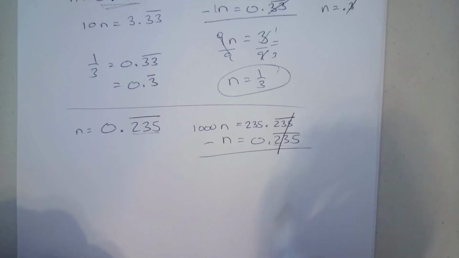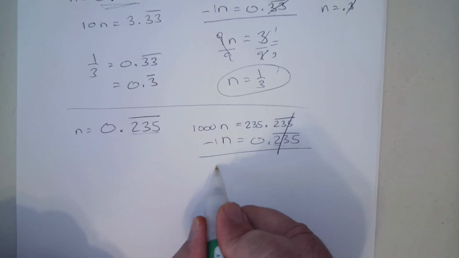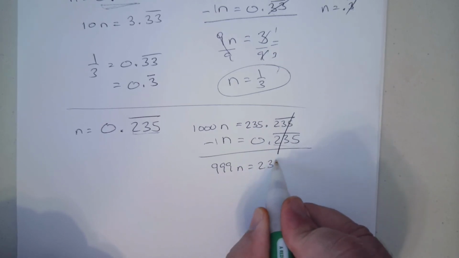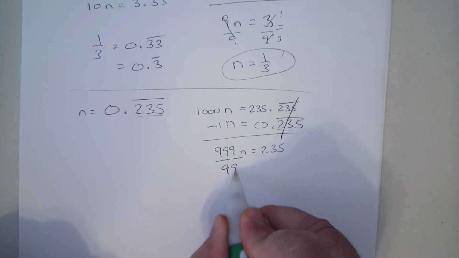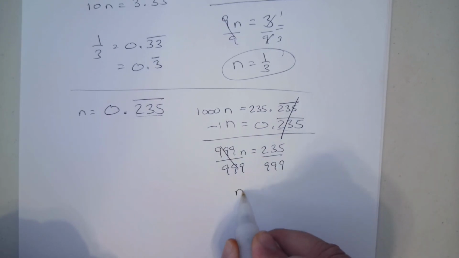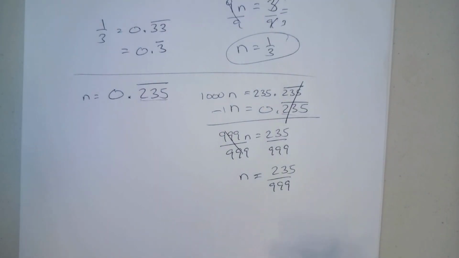Subtract, these cancel. So 1,000n minus 1n is 999n equals 235, divided by 999. So n is equal to 235 over 999. Whatever that answer is going to be.